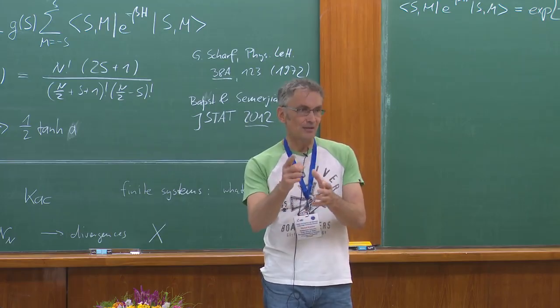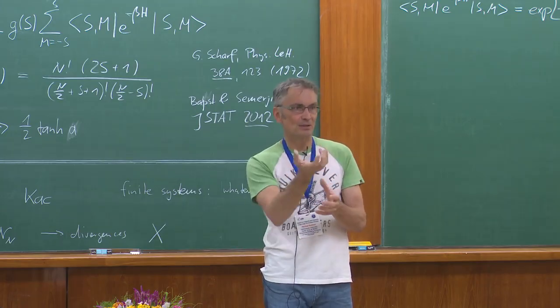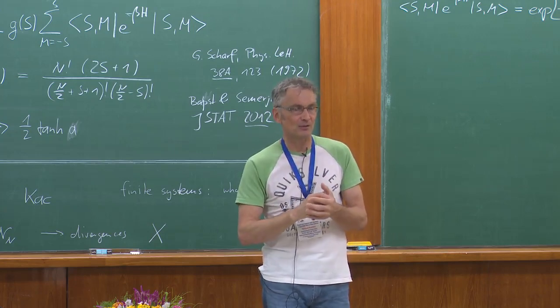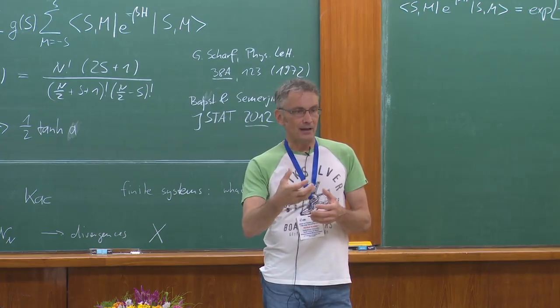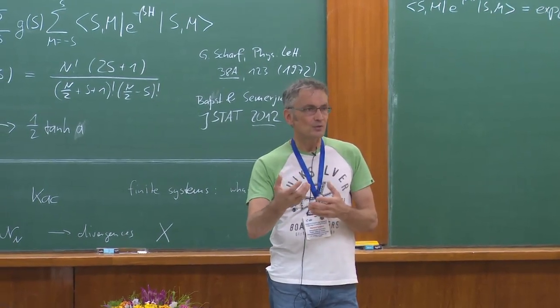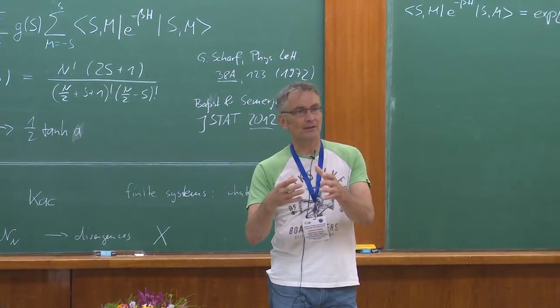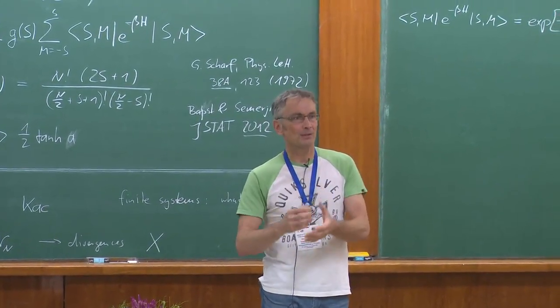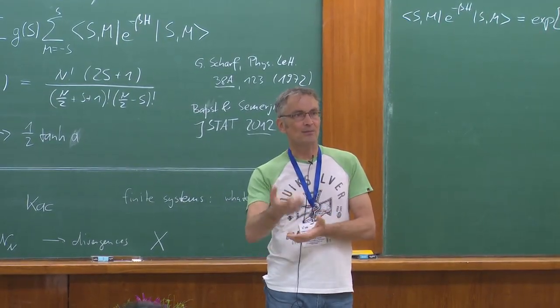Heisenberg has a full rotational symmetry of the spin, if you speak classically. The Ising model has a Z2 symmetry. So the order parameter has to have the same symmetry as the model you're considering.